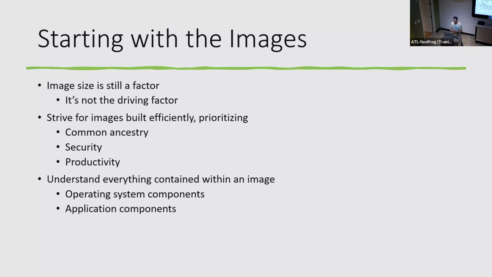They're sharing all of that stuff, right? So image size is still a factor, but it's no longer, in my opinion, a driving factor. From an application perspective, you want to keep it in mind, but you want to strive for images built efficiently that prioritize a common ancestry. Melissa talked about that. I'll show you an example.